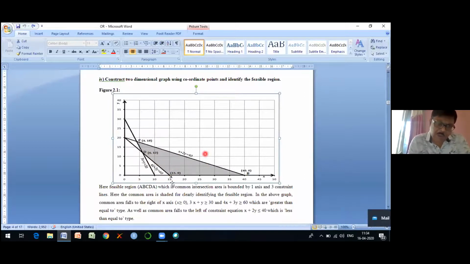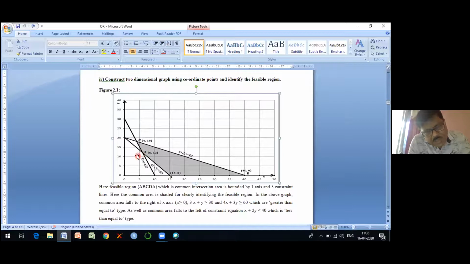Now, after drawing all these 3 straight lines, what are we observing here? We are observing there are 2 intersection points. Here we have got 1 intersection point, and here we have got another intersection point. So first thing, what you will do, you will do the simultaneous equation. One is 3x plus y equal to 30, another is 4x plus 3y equal to 60.